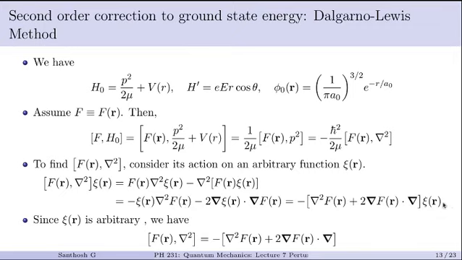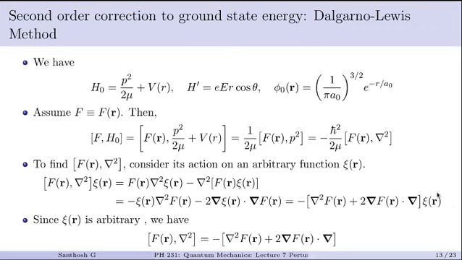So that is what we have here as the first term, and the second term is 2 times gradient of f(r) dot the gradient of c(r).